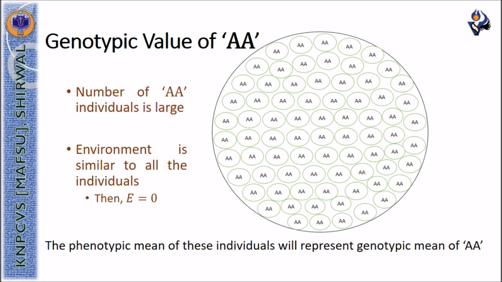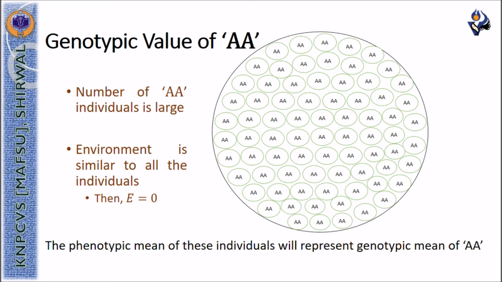Now, for calculation of the genotypic value of the homozygous dominant AA genotype, we will consider an environment containing a large number of individuals of a single genotype, homozygous dominant AA.